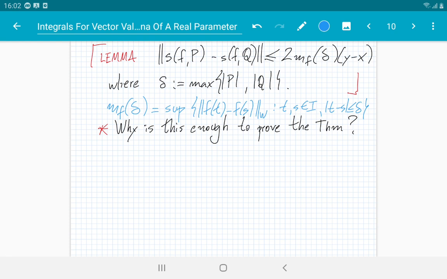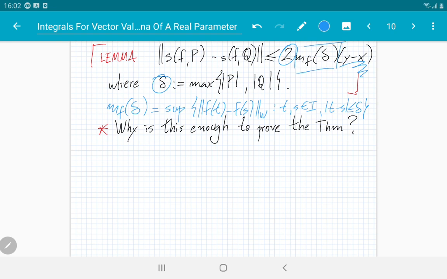And what we're going to argue is this. Take two marked partitions P and Q, and suppose that their sizes are both bounded by delta, where the maximum of them is equal to this delta here. Presumably, I'm interested in the case where delta is small, so both partitions have very small sizes. Now, the difference between the Riemann sums is also going to be small. It's at most 2 times the length of the interval times this modulus of continuity.